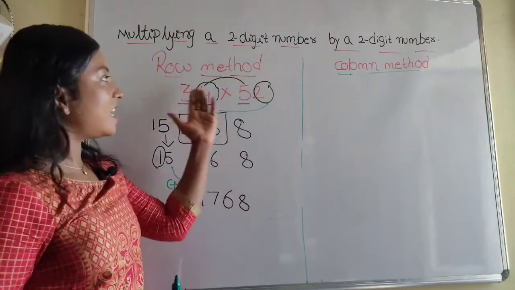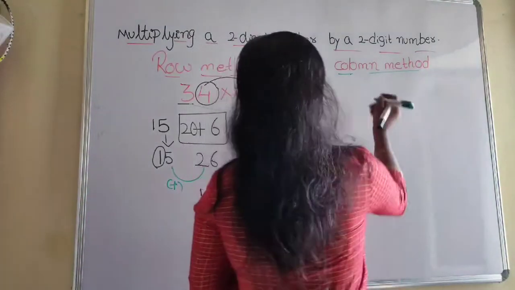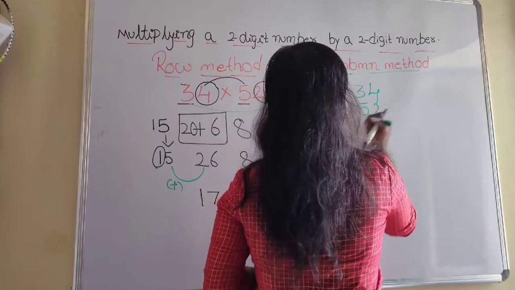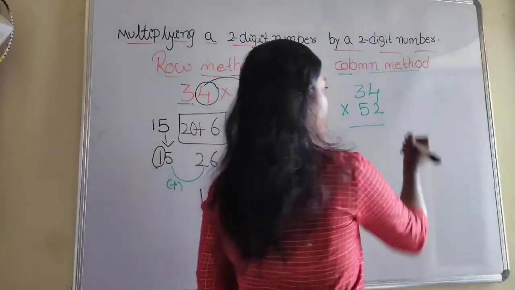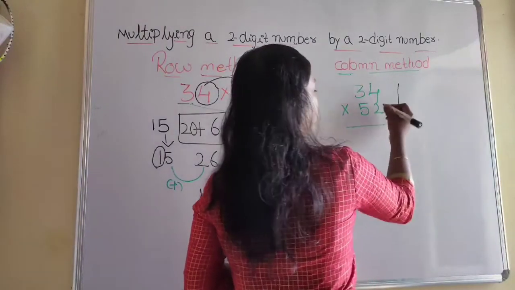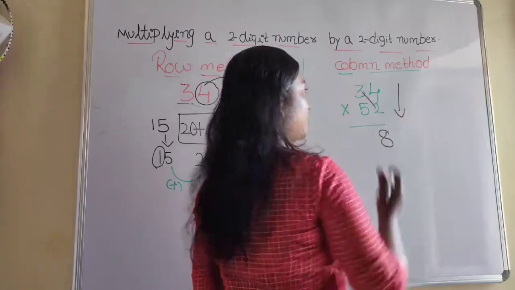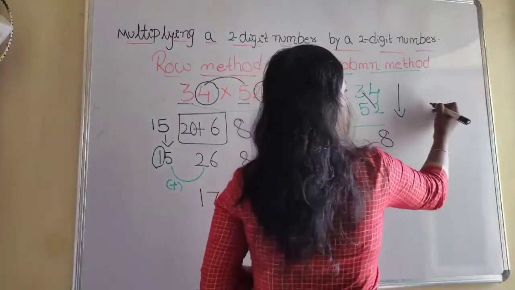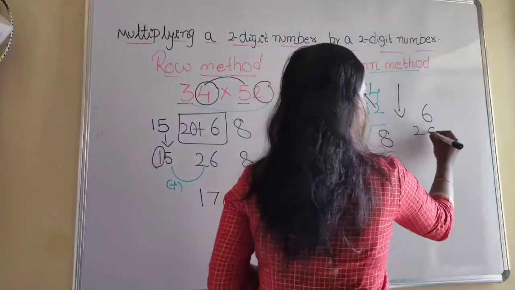Let us see the same question, how we will perform it in column method. The question is 34 into 52. So we already know what is the process. Get the arrow marks down. 4 into 2, which gives 8. Next, start doing the cross multiplication. That is 3 into 2, which gives 6, and 5 into 4, which gives 20.